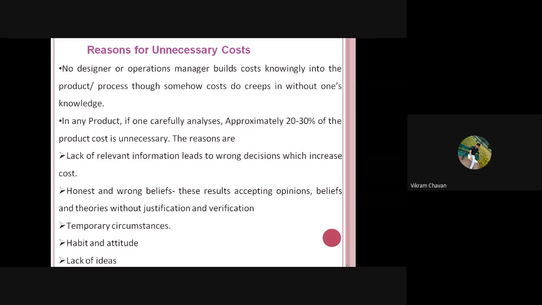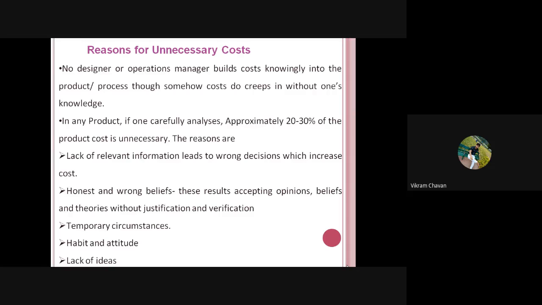The first problem is lack of relevant information. If the designer or the producer of that particular product doesn't know how to perform the task, let us say the designer doesn't know the requirement of the product and over-designs the product or a component of it, that will be considered a lack of relevant information.